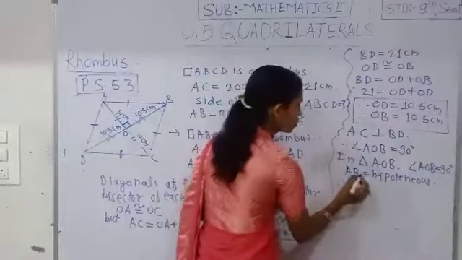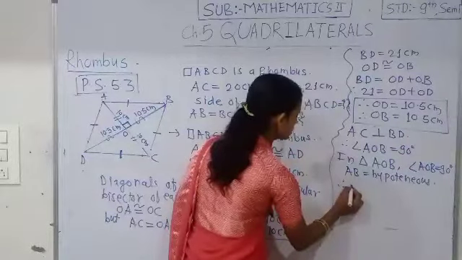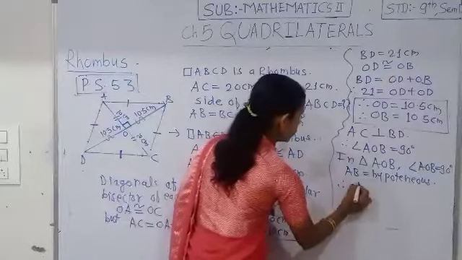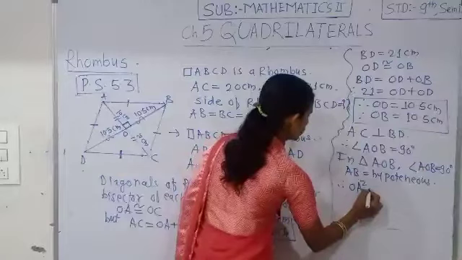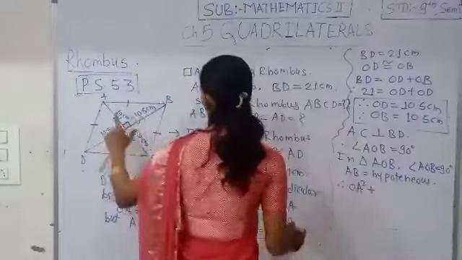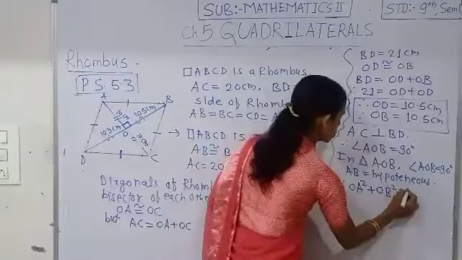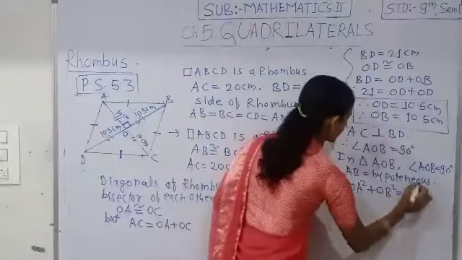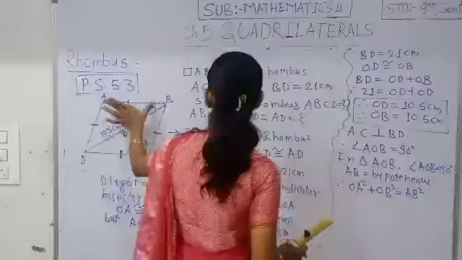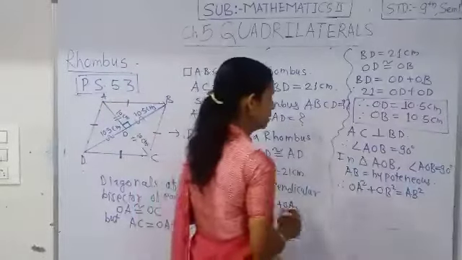According to Pythagoras theorem we can write that OA square plus OB square is equal to AB square. And here we have to find out AB.